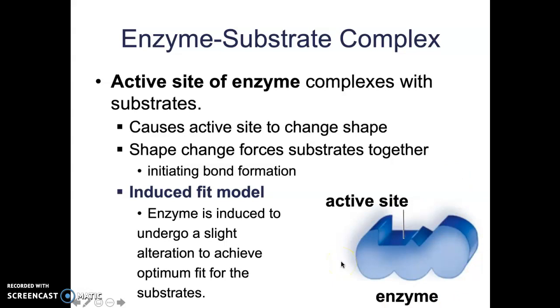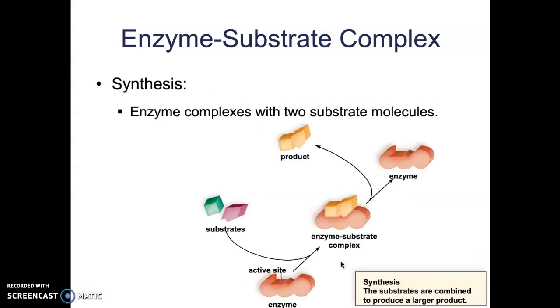So we're going to look at how this enzyme substrate complex works. I'm going to skip ahead and we're going to look at a synthesis reaction because that kind of fits with what we've already talked about. So enzymes are going to be used for a synthesis reaction. What happens is we start off with two individual substrates, we bind them to the active site of the enzyme, and the enzyme substrate complex is going to snap those two pieces together and release them in the form of a product.